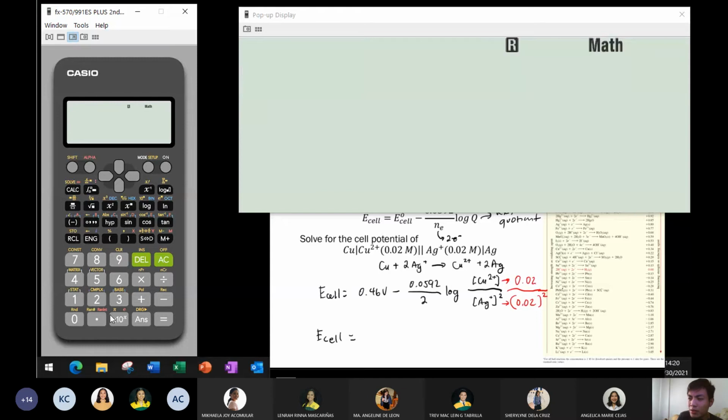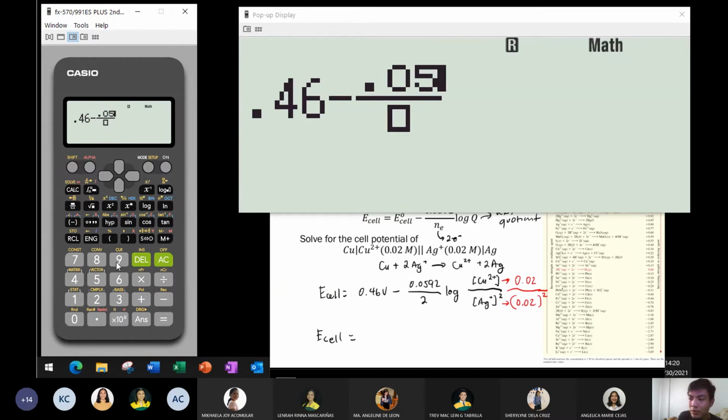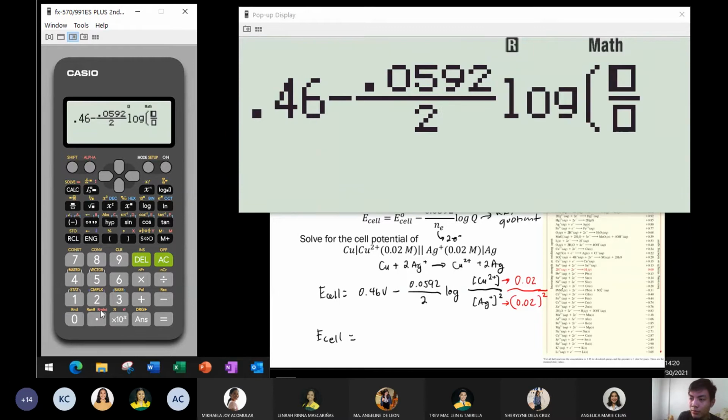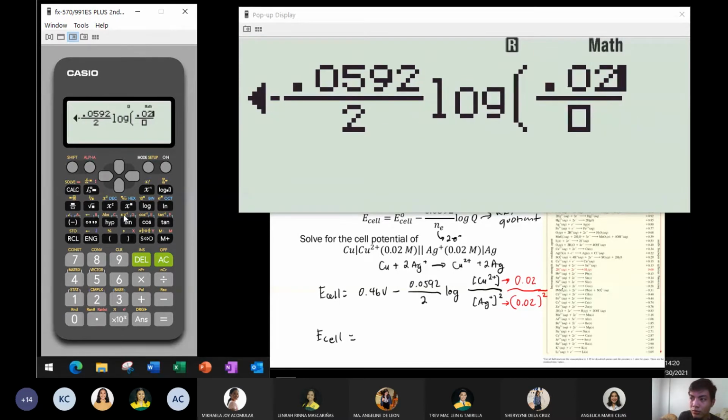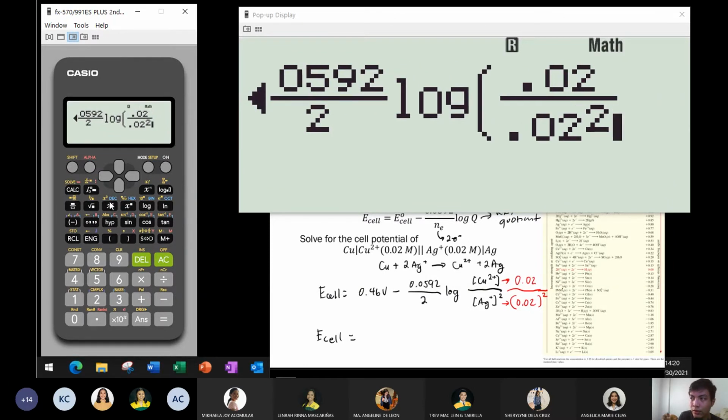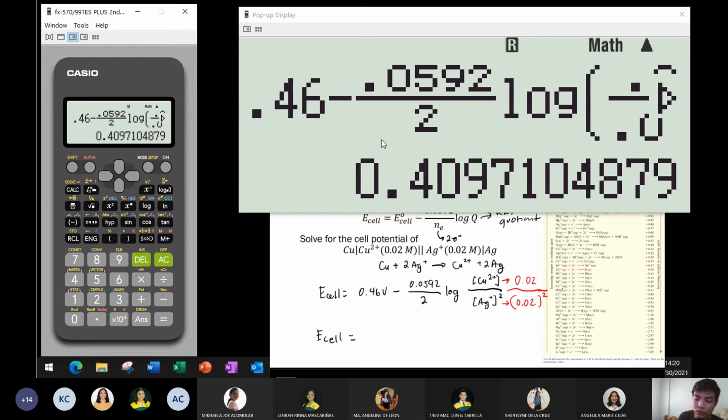So we have 0.46 minus 0.0592 over 2 electrons, logarithm, 0.02 then ang nasa baba ay 0.02 square. Don't forget the square. This is now the new cell potential which is 0.41 volts. Ayan.